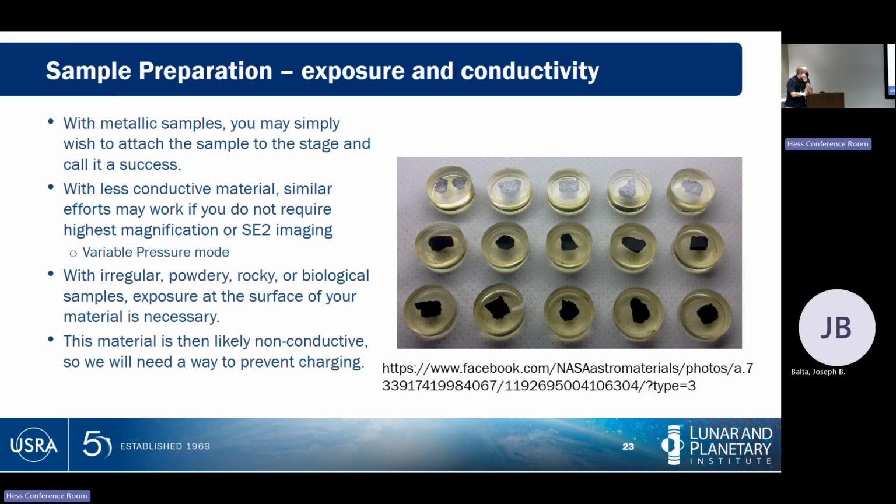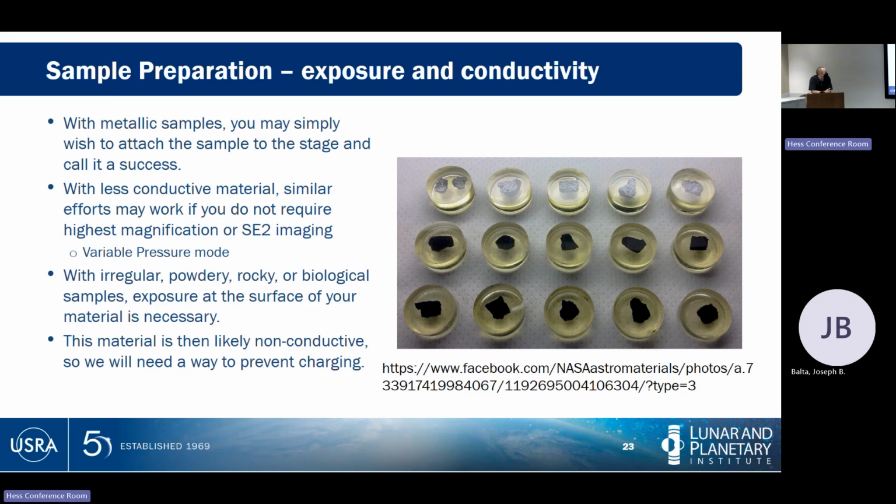With less conductive material, you might get away with measuring your stuff even if it's unprepared or uncoated by using variable pressure mode, or if you don't zoom in to the highest magnification, you might be able to minimize charging that way. That may make it so you can't use secondary electron imaging. Okay, we've covered that trade-off already a few times.